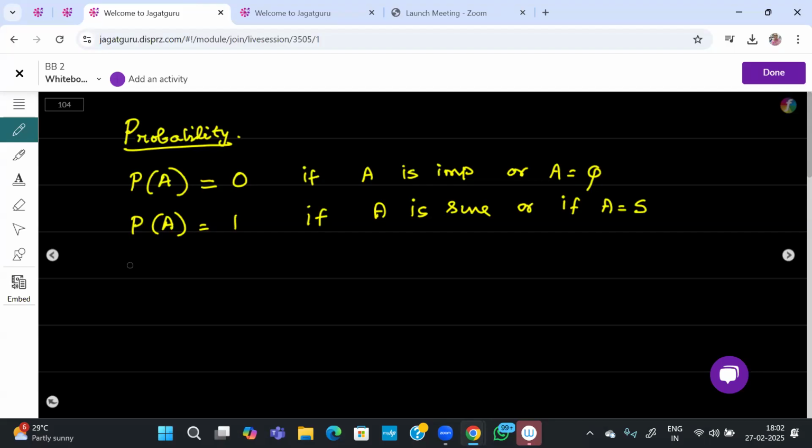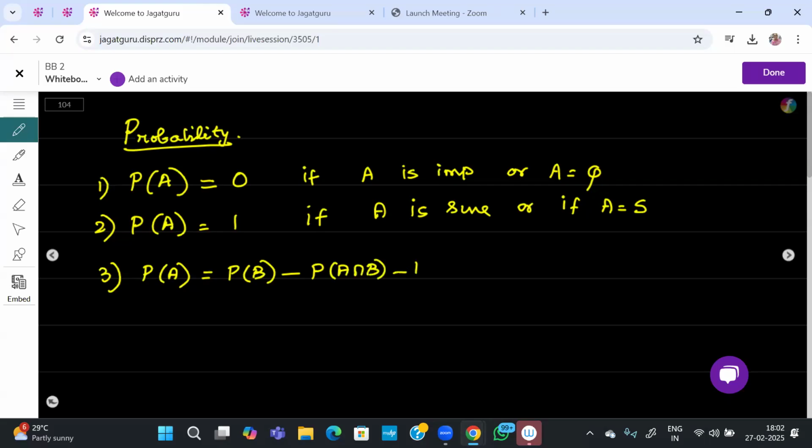Apart from this, we have certain ways of finding out the probability of A. What are the other ways of finding the probability of any event? I can find the probability of A using the total probability theorem. I hope all of you know this.